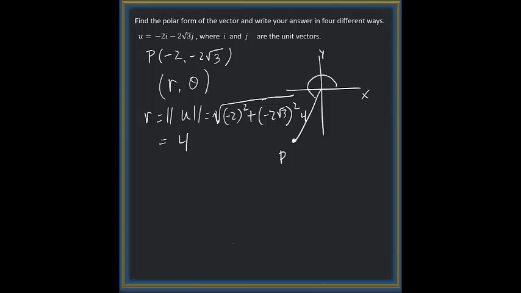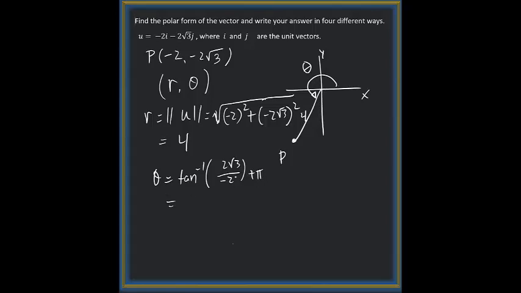Now we are looking for this angle. Let me call it theta. And we know that theta will be tan inverse of y over x, so negative 2 radical 3 over negative 2. And then we need to add pi with it because we get an acute angle from this inverse function, and when we add pi, we get the third quadrant.